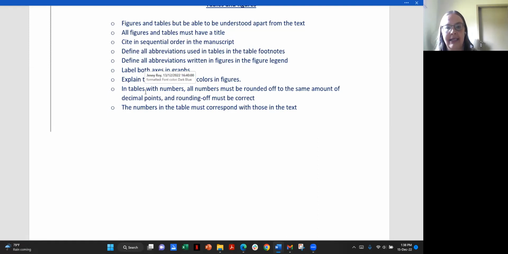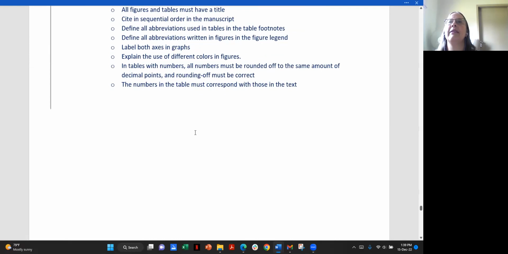It just looks tidy and neat, and remember your rounding off must be correct. Often I see rounding off errors. I can't possibly check a whole table with rounding off, but if I do a random check, and I find that a couple of your numbers are not rounded correctly, I'll make a comment for you to please check something like that, because down the line that could have an effect on the statistical analysis that you do.